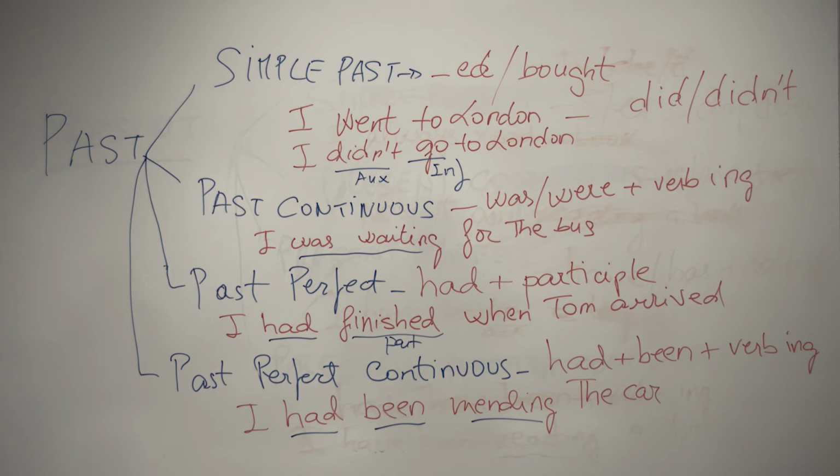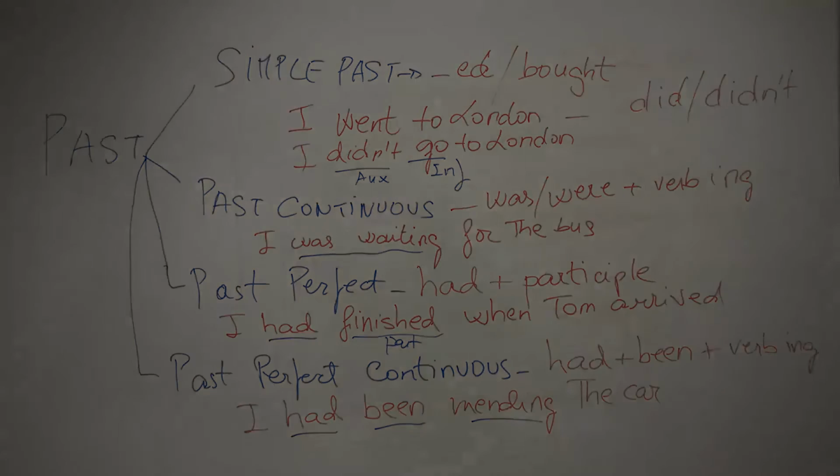The third, an action that happened before another previous action in the past. And past perfect continuous, that is a mixture of these two. Okay? Therefore, these are the most important aspects of past tense in English to indicate this time in all sentences.